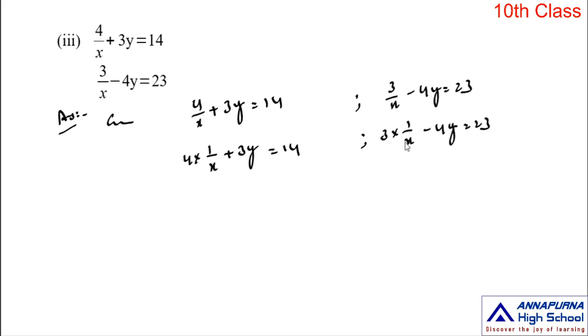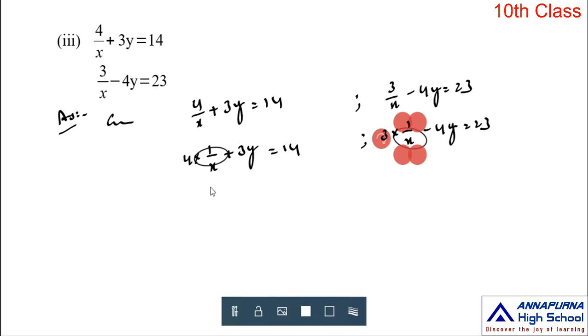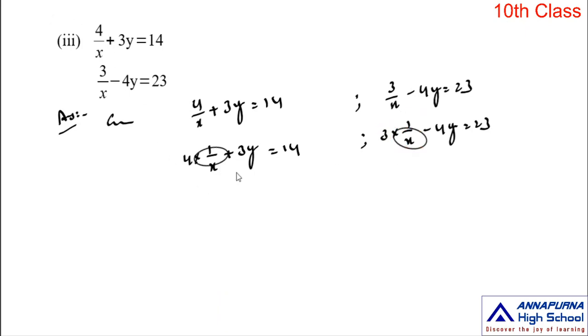Here we choose one variable only. Why? Because out of the two variables, only one variable is in the denominator, that is 1 by x. So here 1 by x is there, here 1 by x is there. So instead of this 1 by x, we choose only one variable. Let this 1 by x be equal to a.